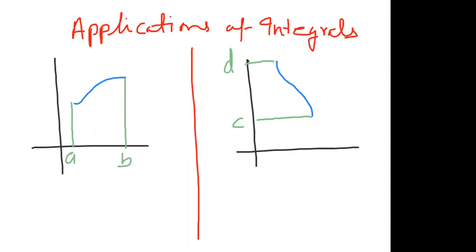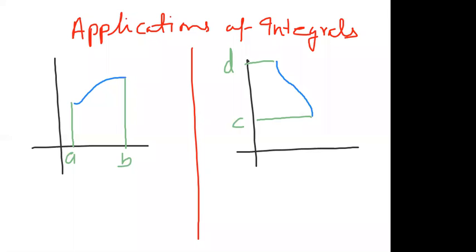This is C to D. Whenever we need to calculate the area under a particular curve, we'll be going for the integral, and that is also definite integral. We'll be applying definite integral conditions. So let us implement them.